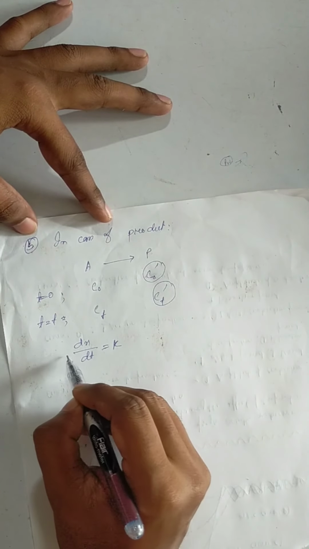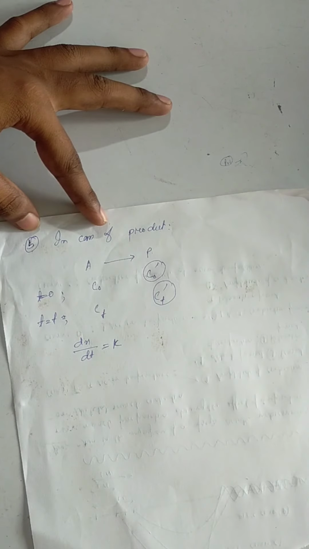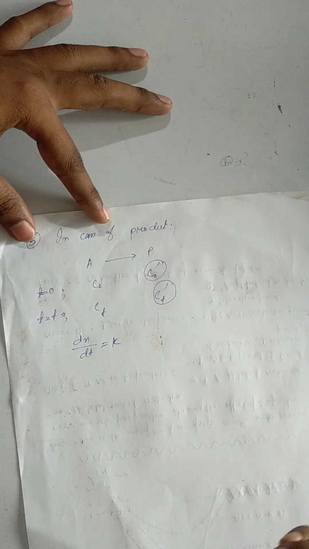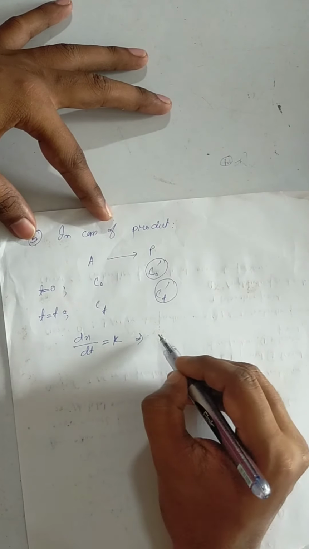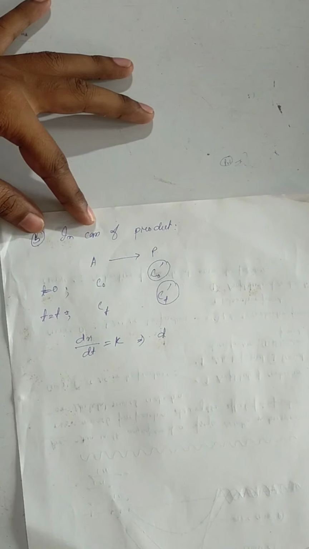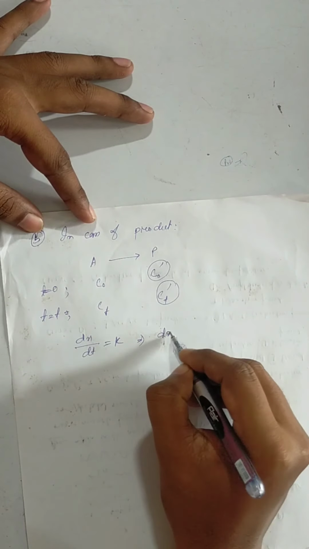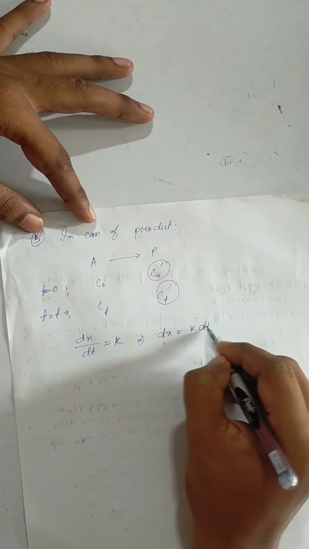Here there is a positive sign, because the amount of product is increasing. So this is the reaction expression. Now we can write dx = k dt.